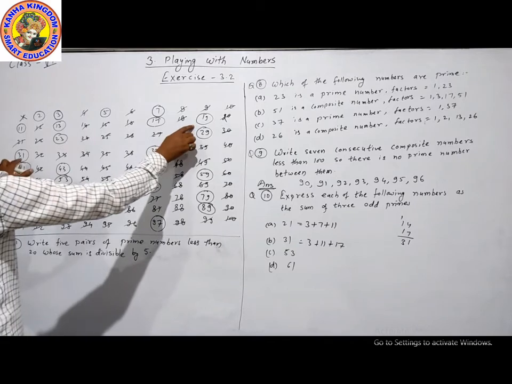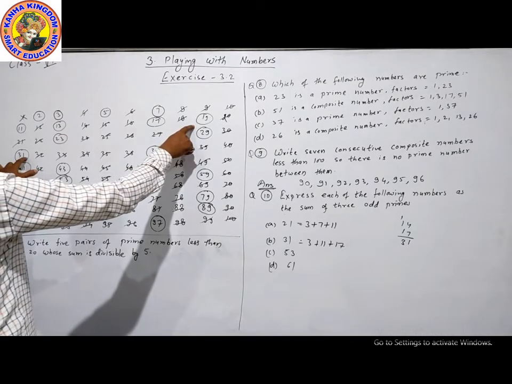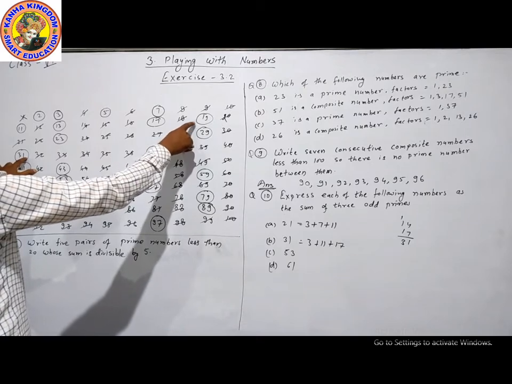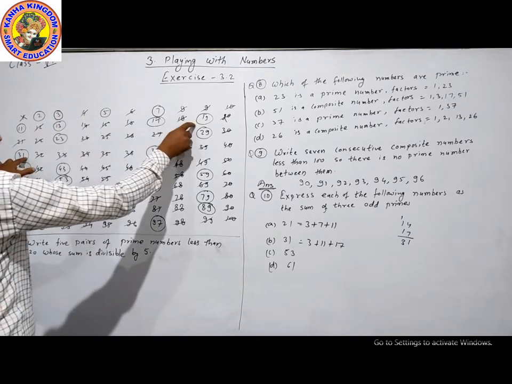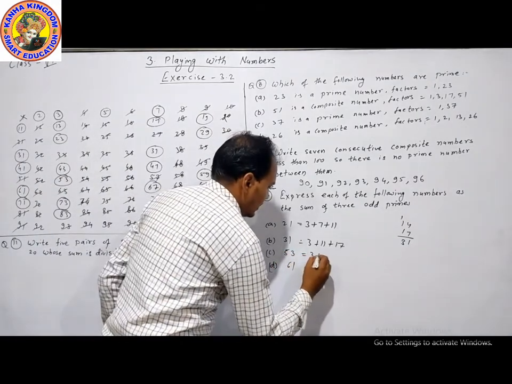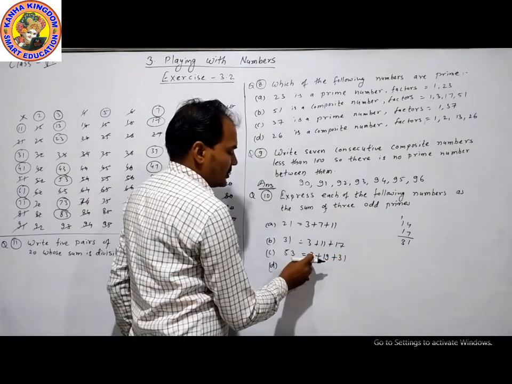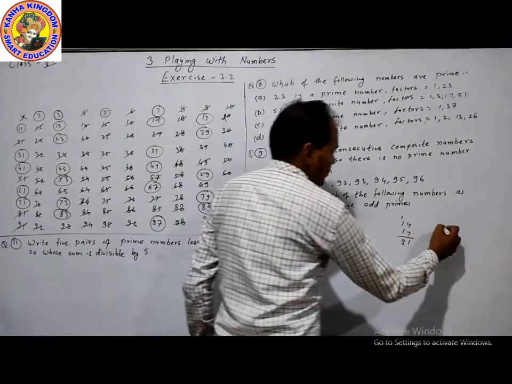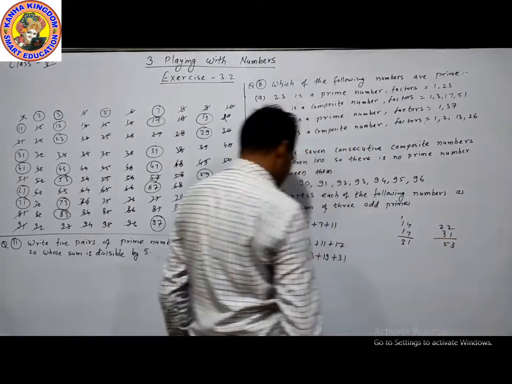Using this and this, I will make 50. 3, 19, 31. 3 plus 19 is 22, 22 plus 31 is 53.